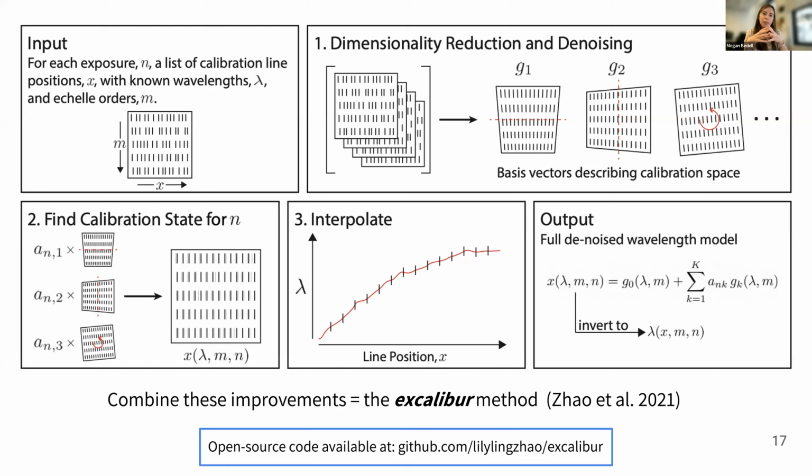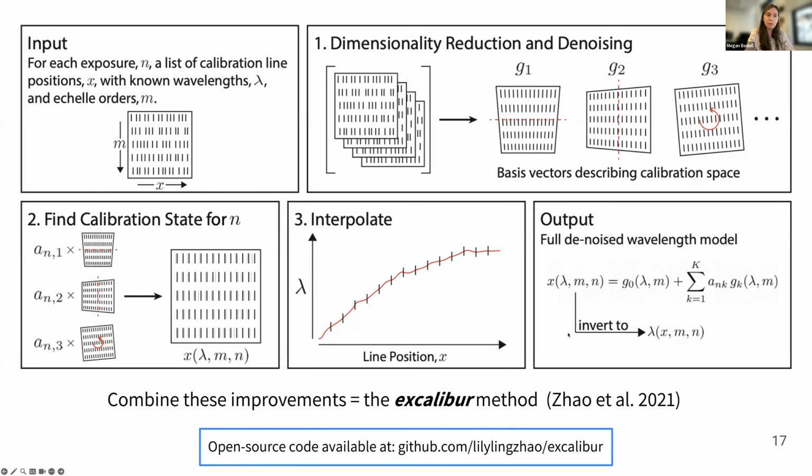We can come up with this latent space of spectrograph calibration states that's described by the basis vectors for wavelength solutions. And now all we need to do is locate any particular vector within the calibration space and interpolate to get the full denoised wavelength model.